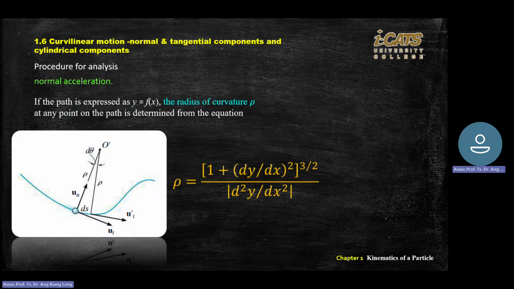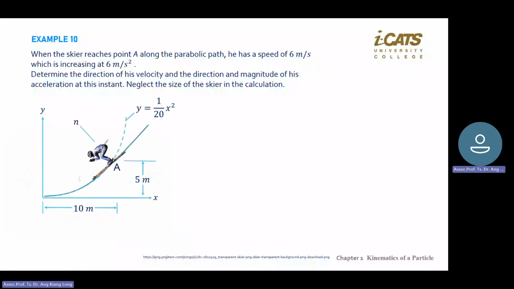If you're not given the curvature or the radius, you need to find dy dx. You need to find the double differentiation of your y equation, and then substitute inside here to find the radius. Yeah, here we continue.